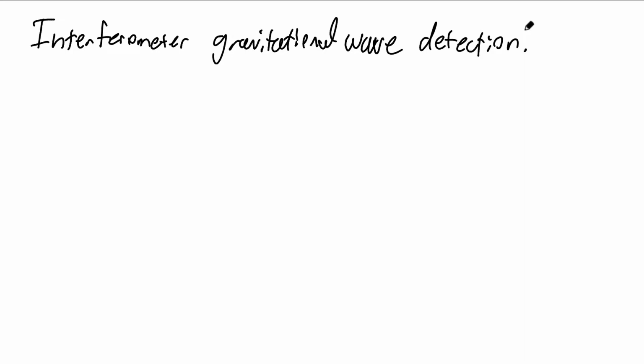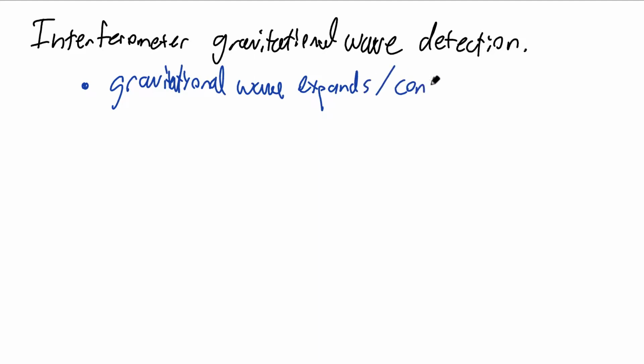One of the topics I want to cover is a common confusion about using light to detect gravitational waves. The confusion can be expressed in the following way. Since a gravitational wave causes space to expand and contract, it also expands and contracts light waves.